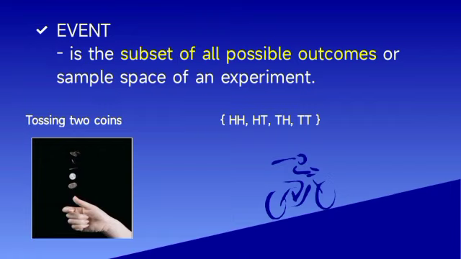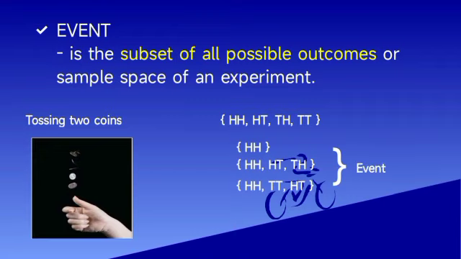So when we get only one result, let's say it's head head, or we get only three results, let's say it is head head, head tail, and tail head. Or when we get another three outcomes, and it's head head, tail tail, head tail. We call all of these sets an event because it's a subset of all possible results or sample space.